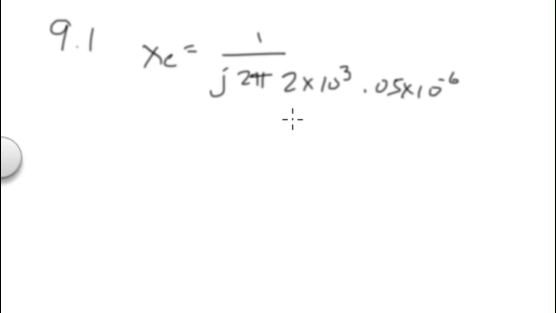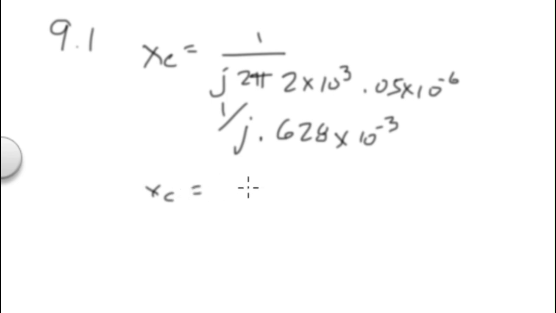So we have 2 times pi times 2 times 0.05, and that's equal to 0.62628, and then times 10 to the third times 10 to the minus 6th, so this would be times 10 to the minus third. So that's j in the denominator, or 1 over that.